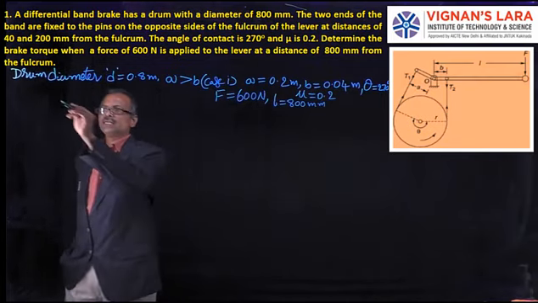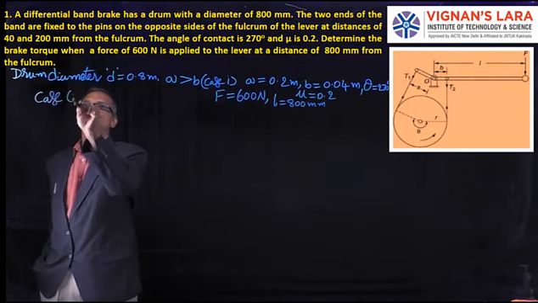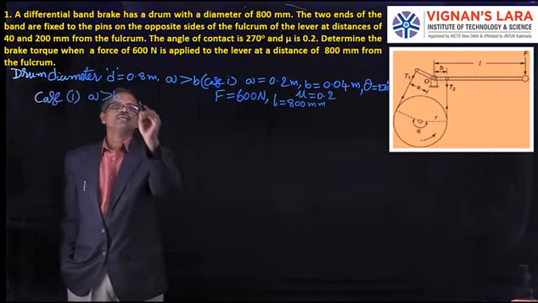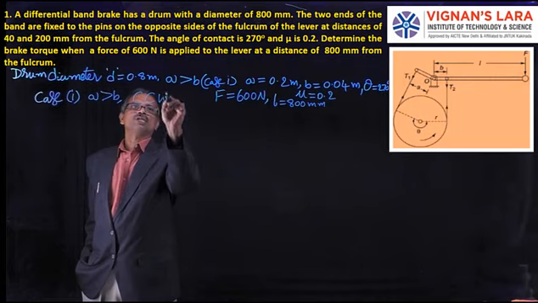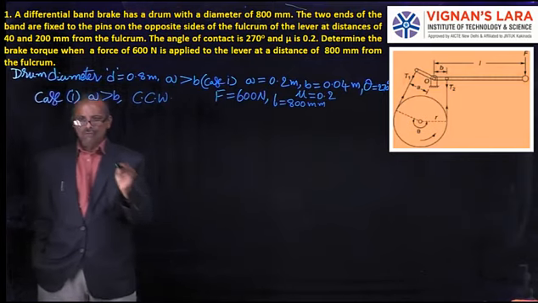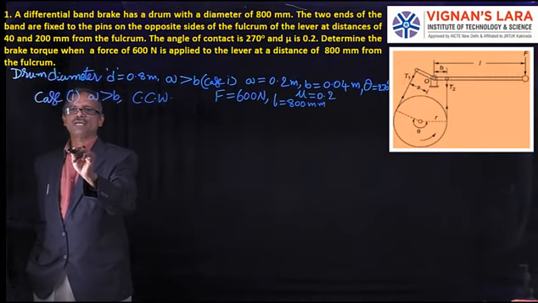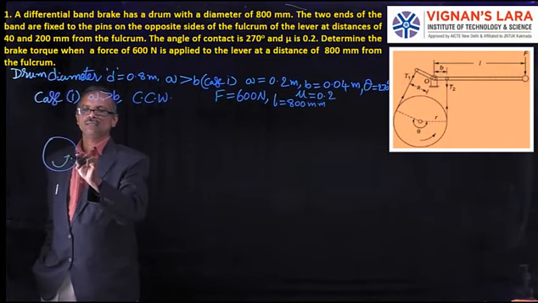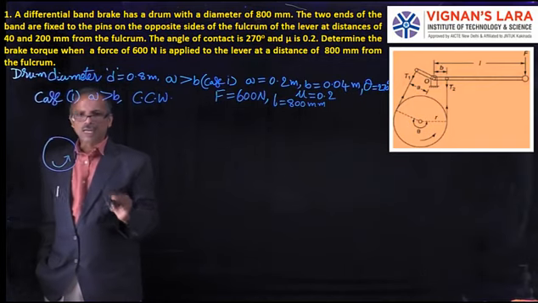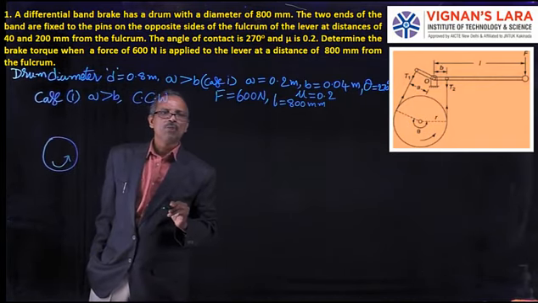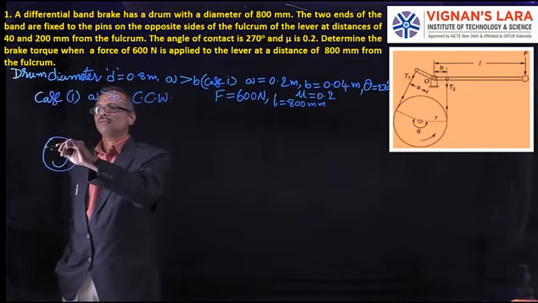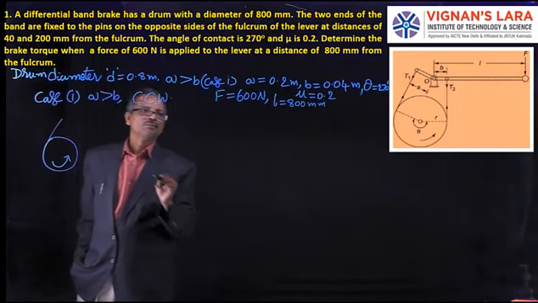So I will take case 1 like this: A is greater than B, first with counterclockwise rotation. Now let me put the sketch like this. This is the brake drum, which is revolving in the counterclockwise direction, and you have a fulcrum point.